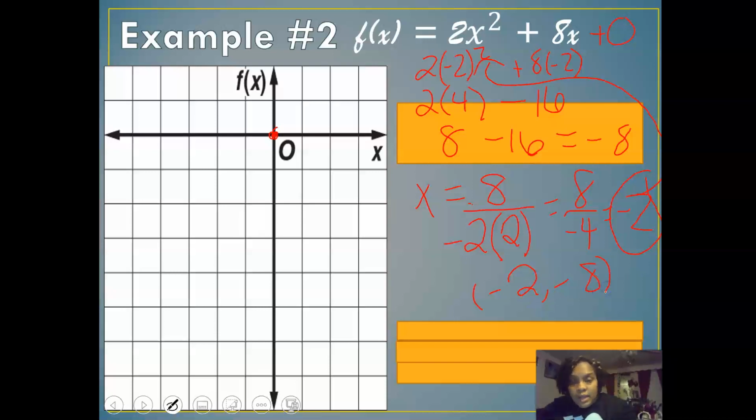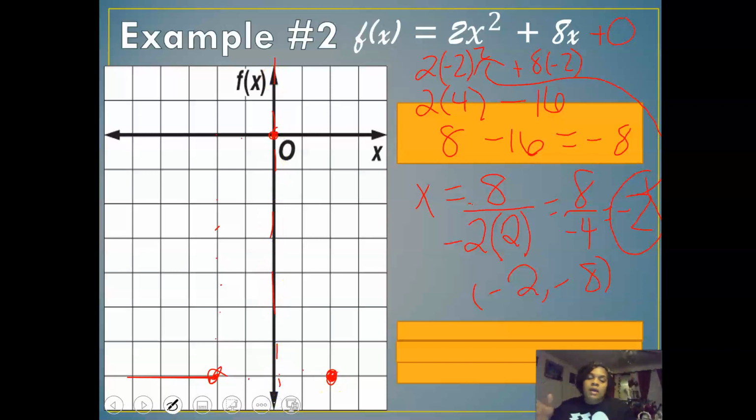And our y-intercept is 0, 0. So let's go 1, 2, 1, 2, 3, 4, 5, 6, 7, 8. So there go 2 points, and the line of symmetry is down the middle. Once I draw my line of symmetry, I know that whatever's done on one side has to be done on the other.